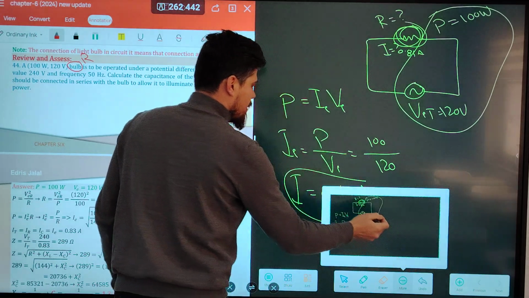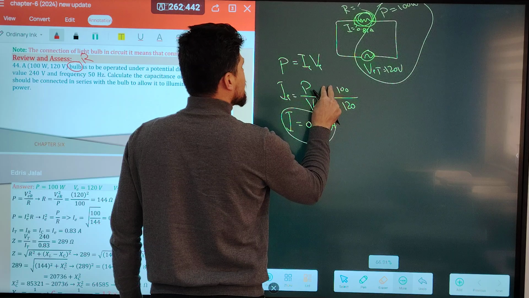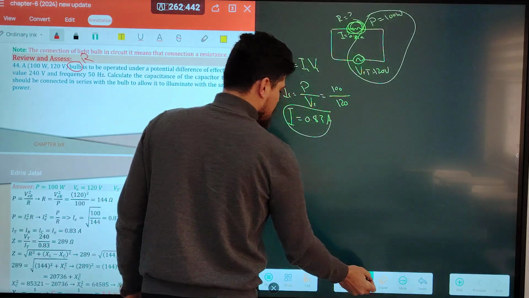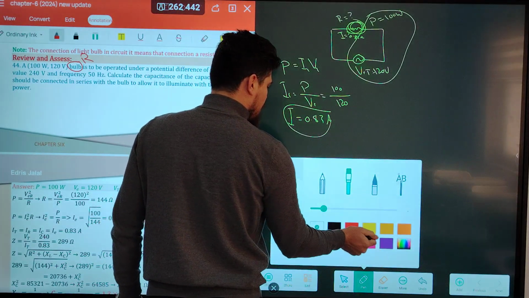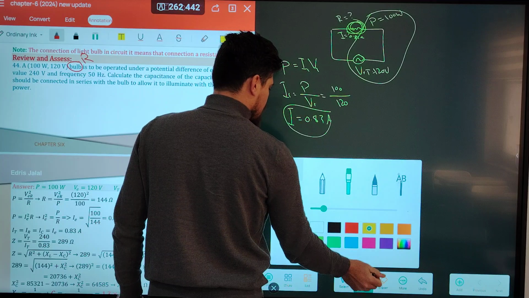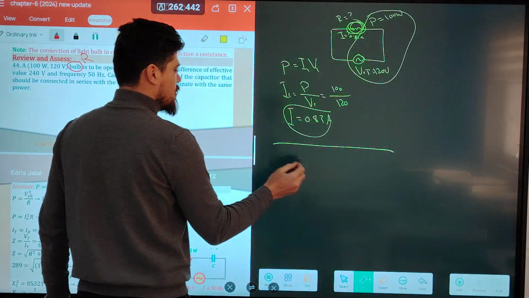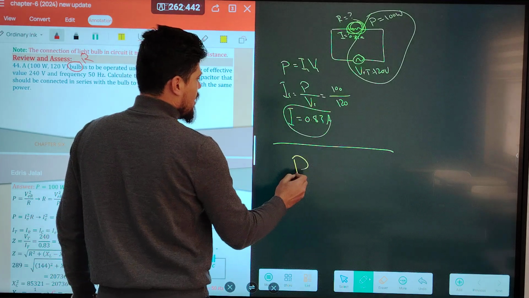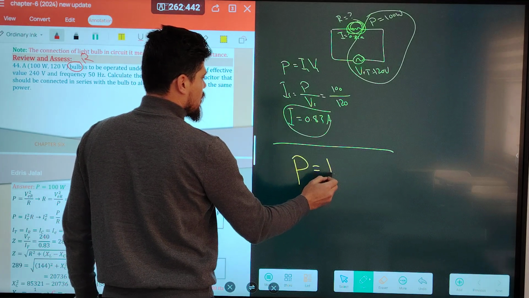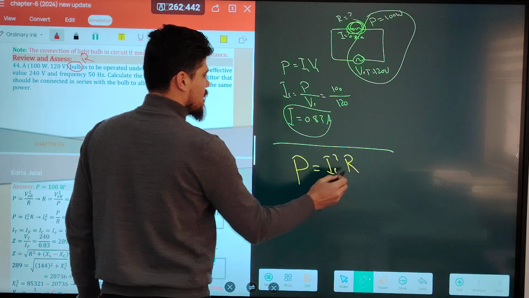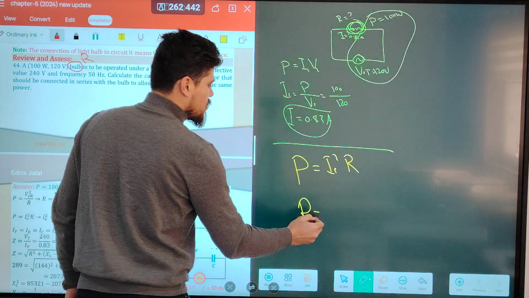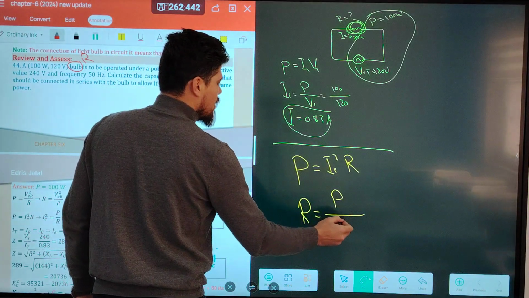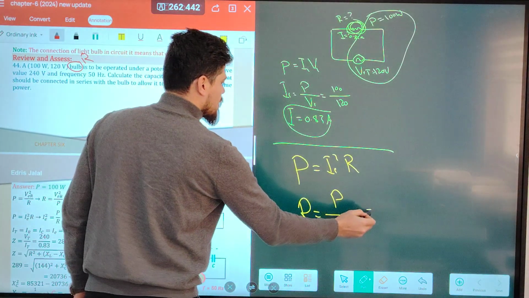Now we have the current, but we have to find the resistance of this bulb. How can you determine the value of the resistance of the light bulb? By using this relation. Guys, look. Power is equal to I squared times R, so R is equal to power divided by I squared.